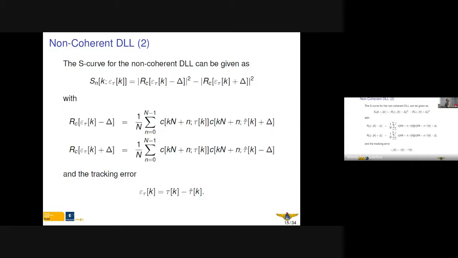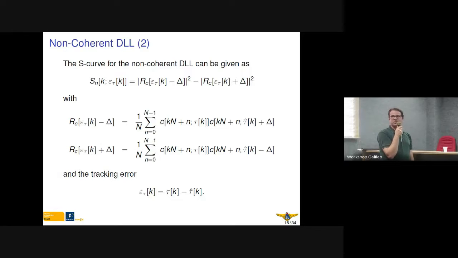In practice, as I mentioned several times already, this is not the case. We do not exactly know the signal characteristic coming from each satellite. We know a definition of this characteristic from the signal in space ICD, interface control document, but this is not exactly how the signal looks like that's coming from the satellite, but very close. Yeah?